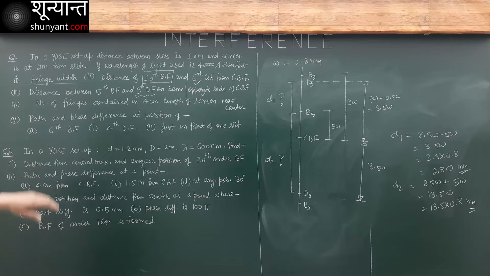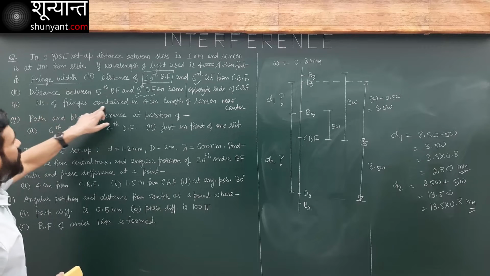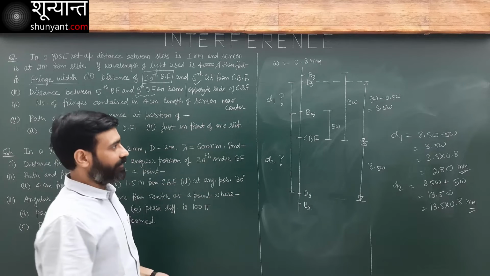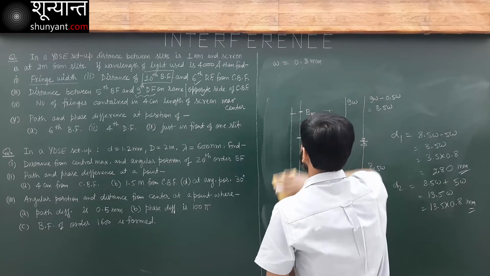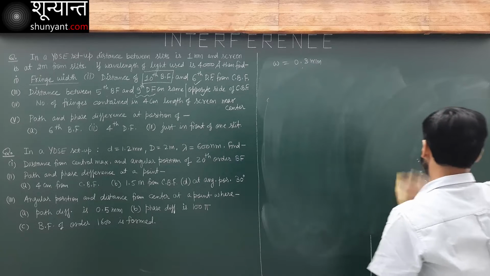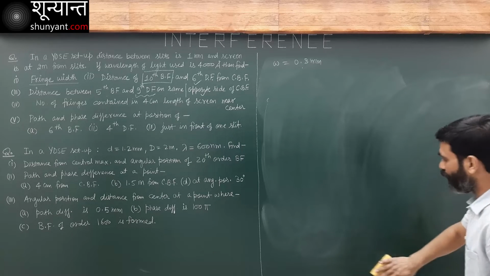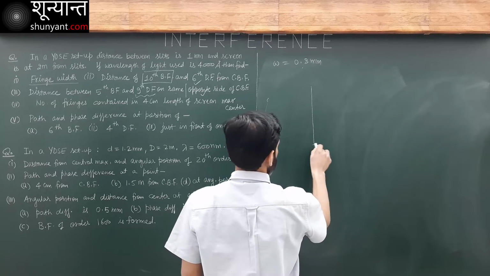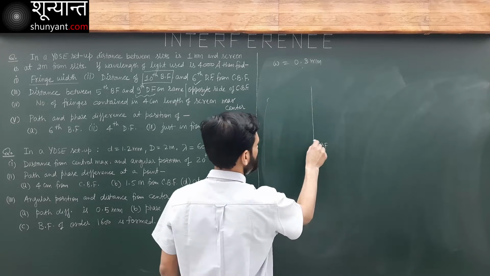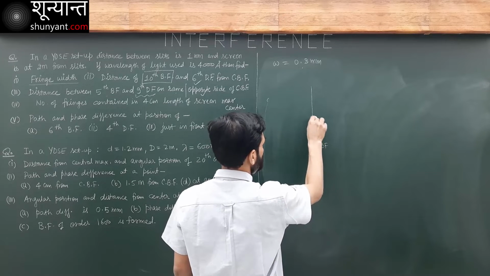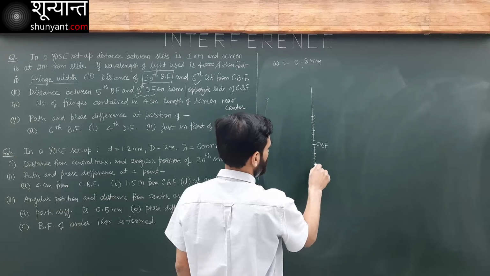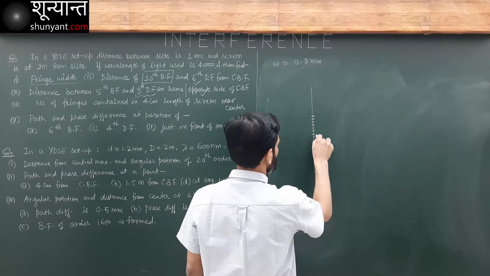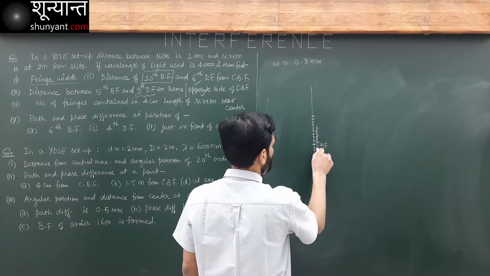Now next. Number of fringes contained in a 4 centimeter length of the screen near the center. Let's do it again. Number of fringes contained. So number of what fringes, dark fringes or bright fringes? I have this screen. This is my central bright fringe. Now this whole screen is filled with bright and dark fringes: bright here, dark here, bright, dark, bright, dark.